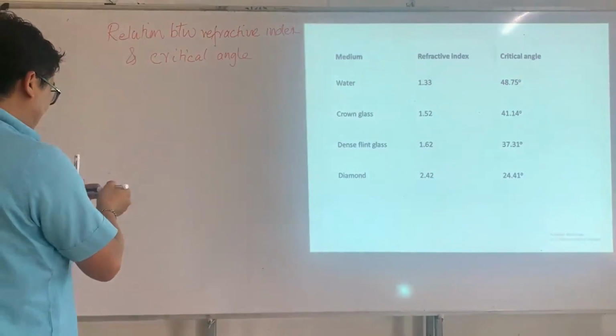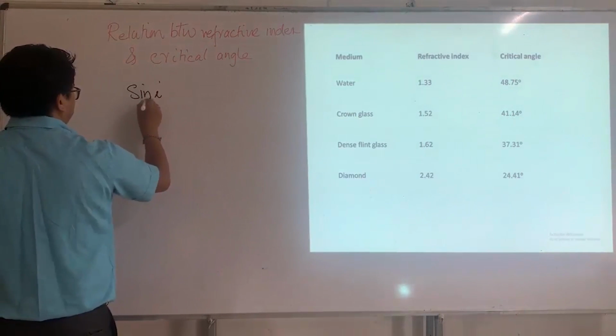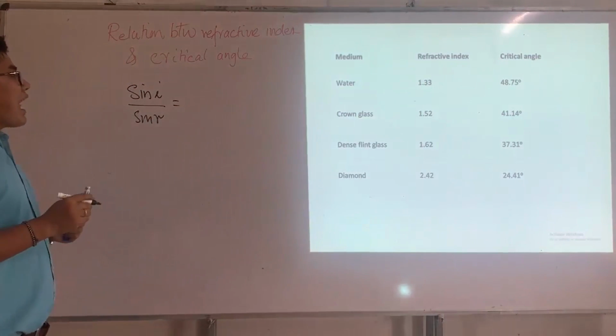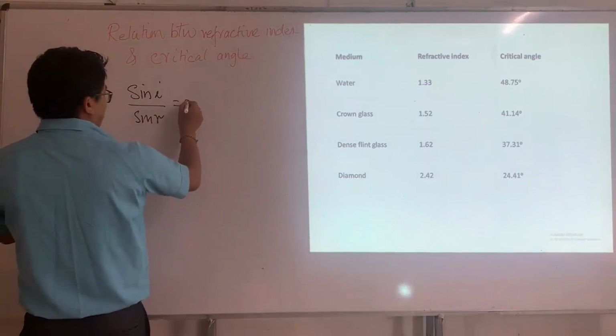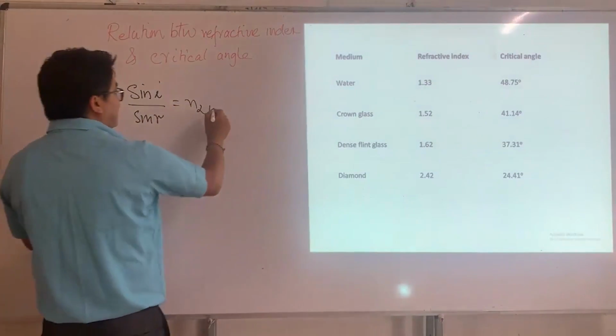Let's say I have Snell's law. This is Snell's law, and light goes from the second medium to the first medium. This is how we define it. Why? Because the second medium is the denser medium.